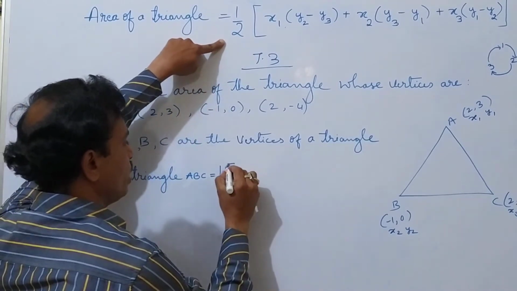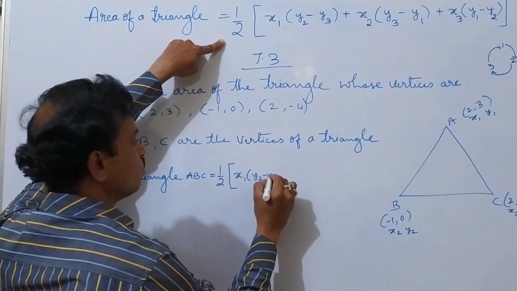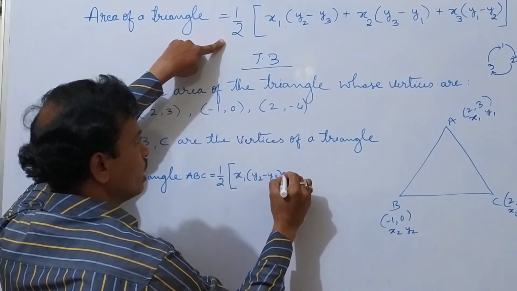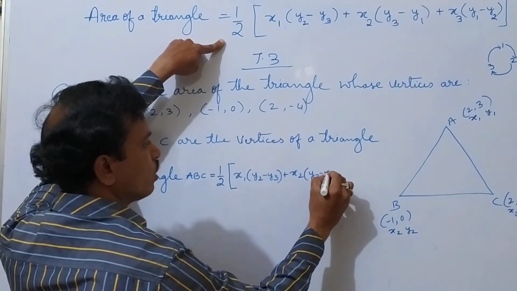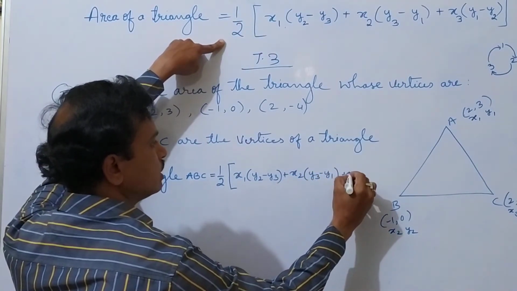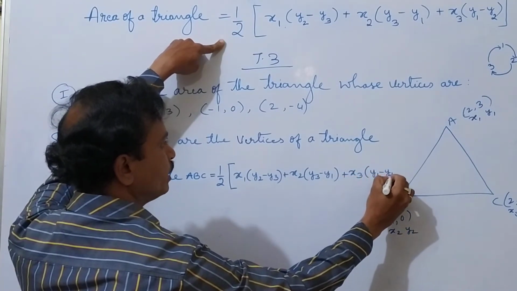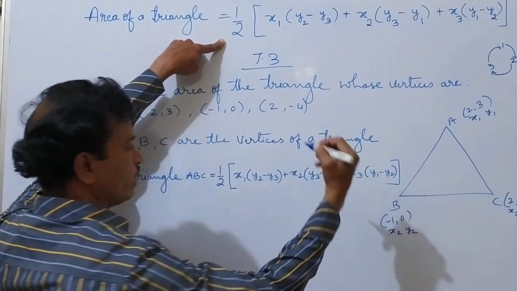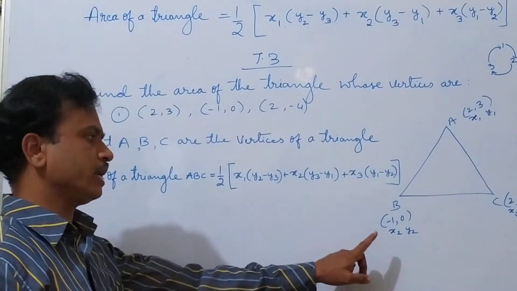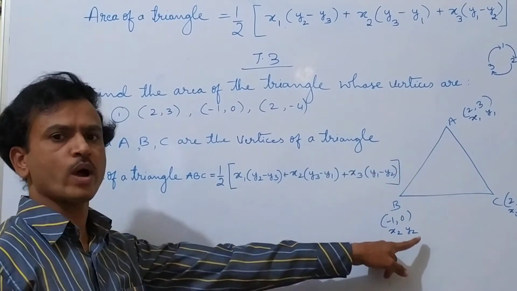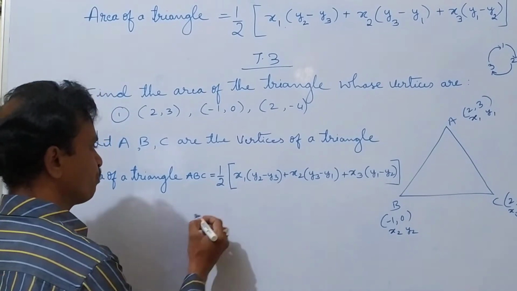Same formula you have to copy: x1 (y2 minus y3) plus x2 (y3 minus y1) plus x3 (y1 minus y2), close the square bracket. Then substitute the values of x1, y1, x2, y2 and x3, y3 in this formula.